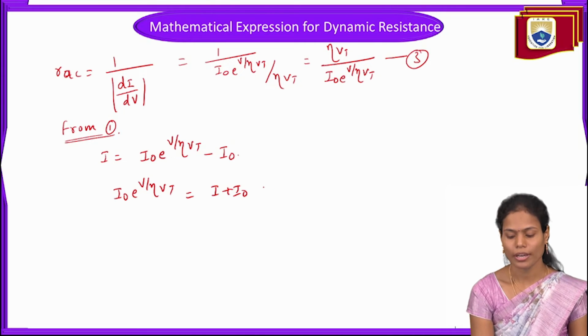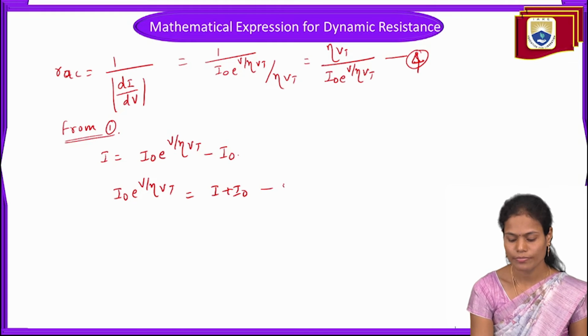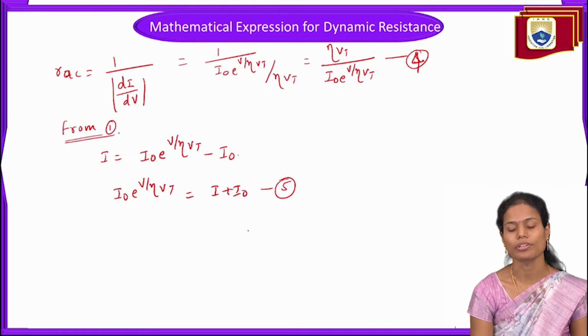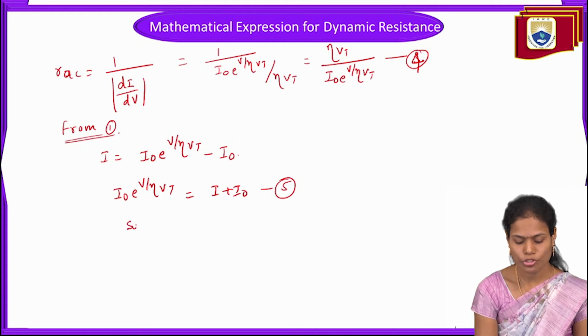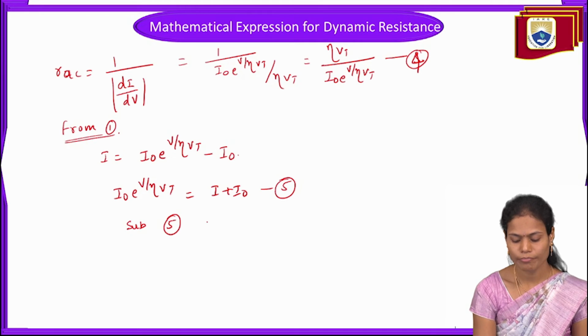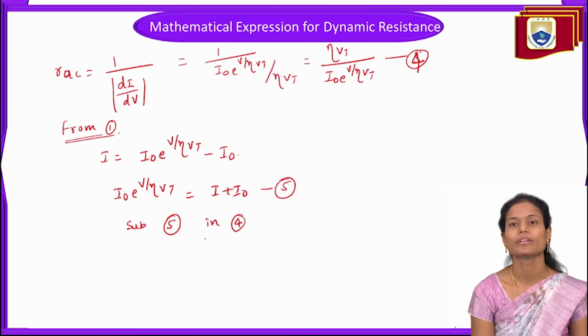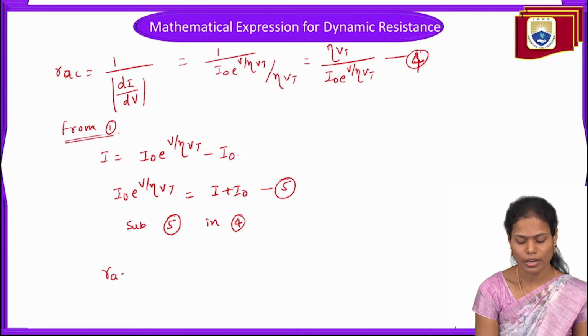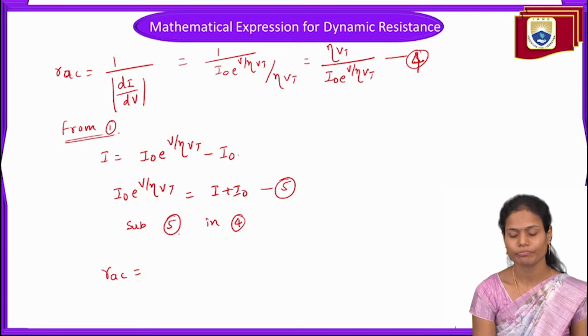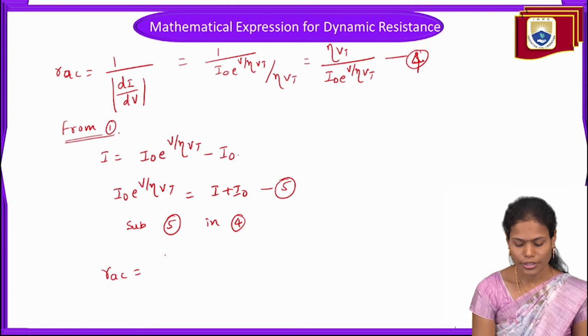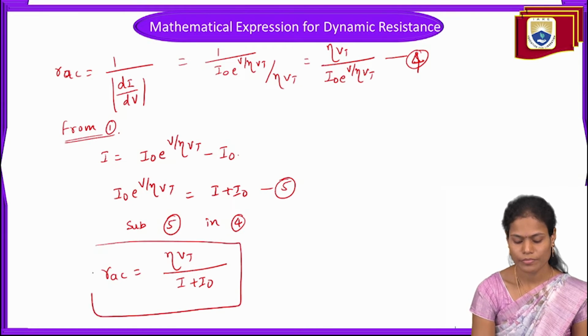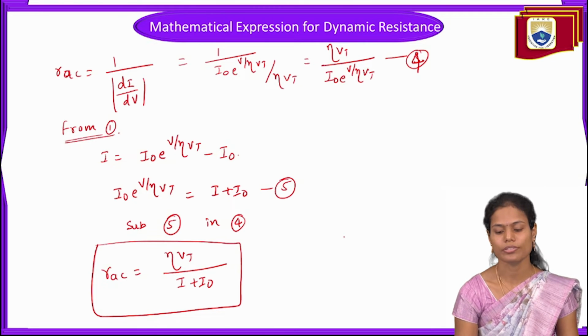This is the fourth equation and this is the fifth equation. Now substitute this fifth equation in the fourth equation. If we substitute like that, RAC is equal to eta Vt by I plus I naught. So this is the value of the RAC resistance.